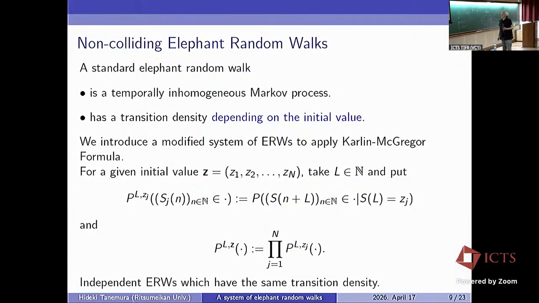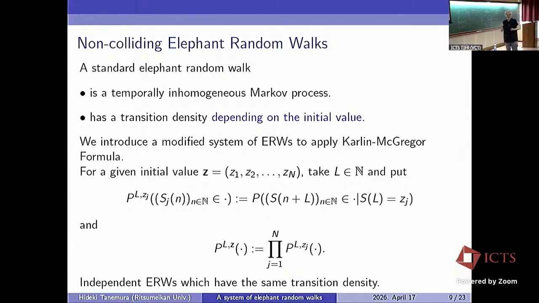And for the non-colliding elephant walk, the standard elephant random walk is a temporally inhomogeneous Markov process. Okay, and we can apply the Karlin-McGregor formula, but the transition density depends on the initial point.